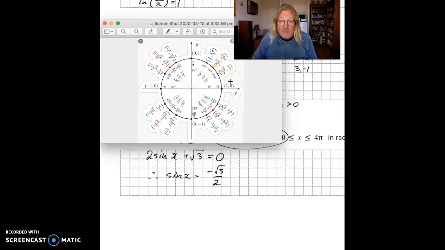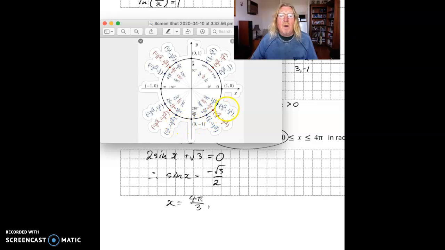Now we know that on the unit circle the sine is the y value, so we're looking for a y value that is minus root 3 on 2, and we can see it's there at 4 pi on 3, so x is equal to 4 pi on 3. But is that the only place where we have a y value of minus root 3 on 2?